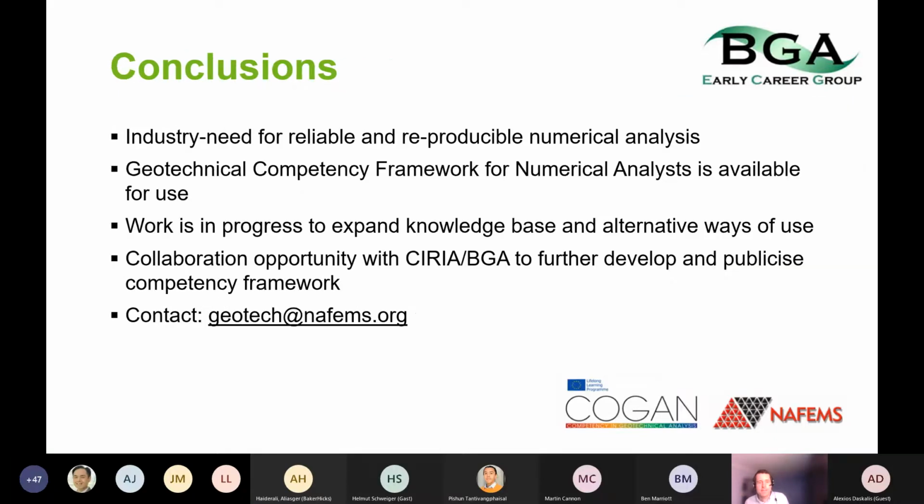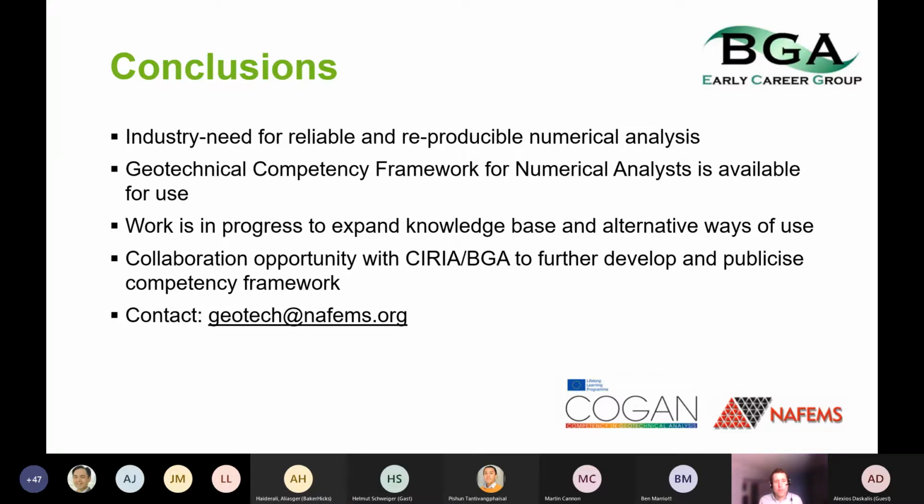Right, final slide. In conclusion, we think there's a real need to produce reliable and also reproducible numerical analysis in the industry. There is the Geotechnical Analysis competency framework that's available, also with a tracker to allow that development to be organized and furthered.